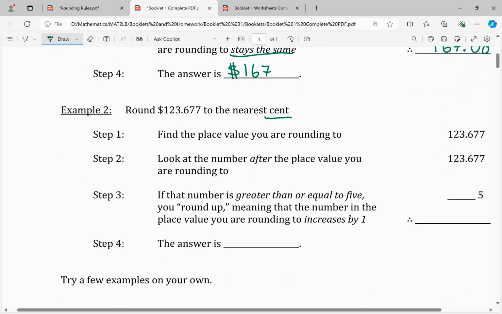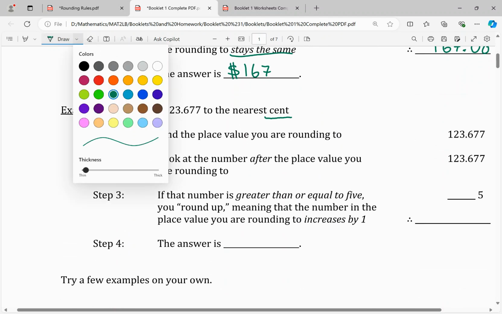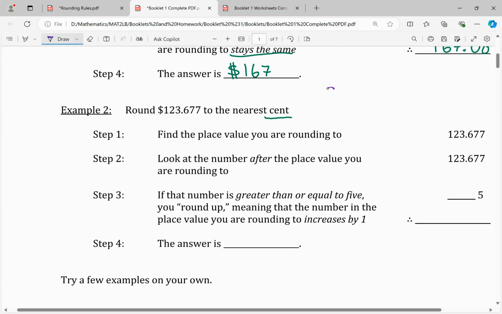Now, usually when I write money, I do so using only two numbers after the decimal. For example, I might have $65.92. I don't usually write numbers after that too. It just doesn't really make sense. So when you think about rounding to the nearest cent, I want you to think about making money make sense.